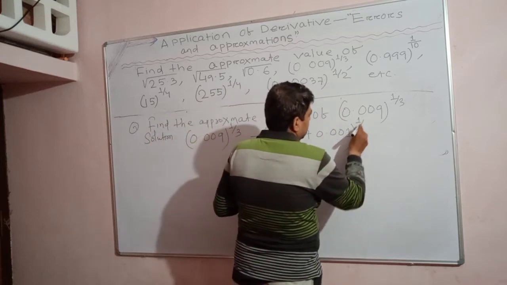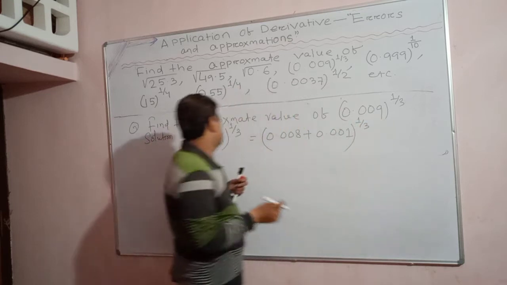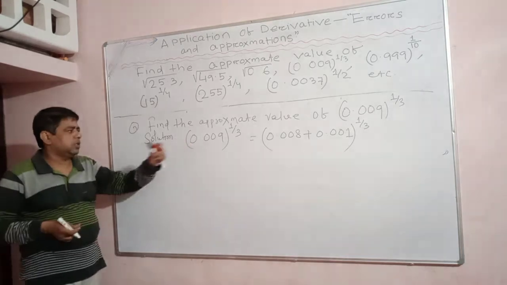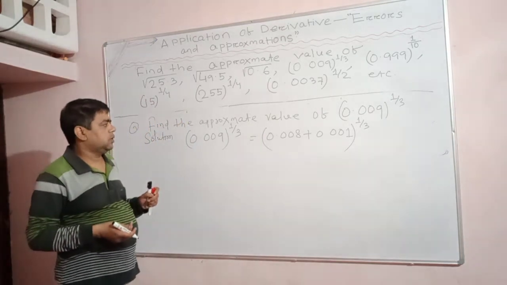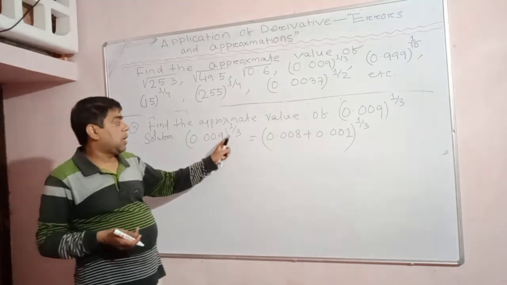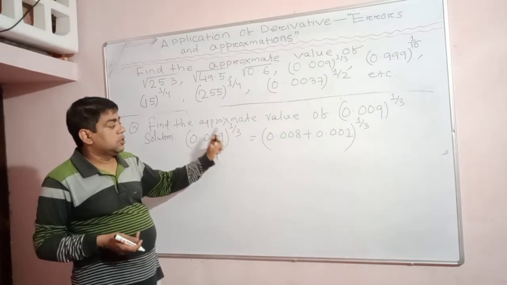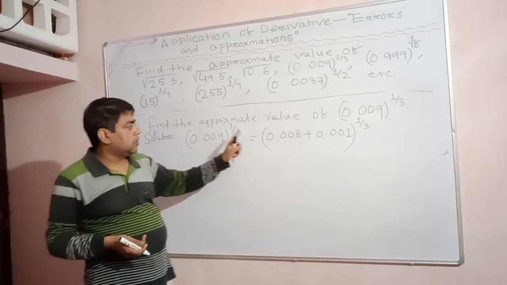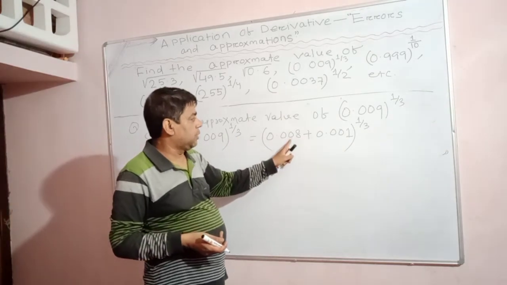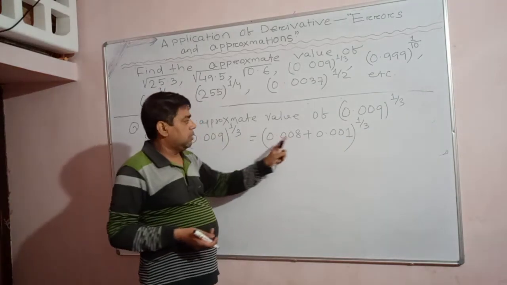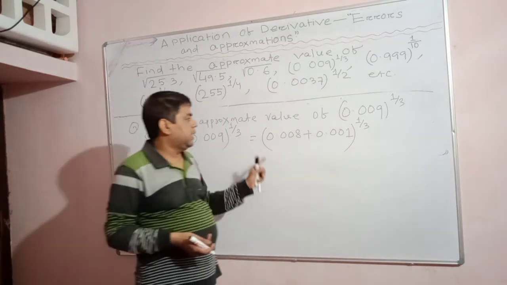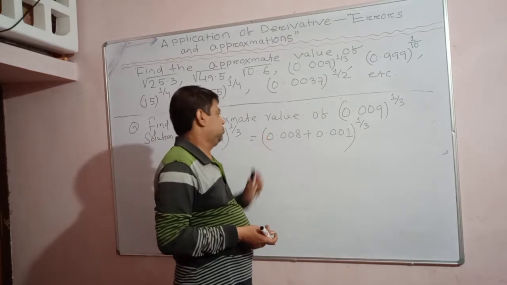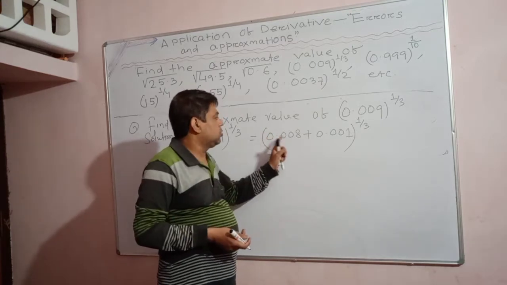You have to divide 0.009 into 0.008 plus 0.001 because the power is 1 by 3. If the power is 1 by 3, we have to consider the nearest perfect cube number, which is 0.008.